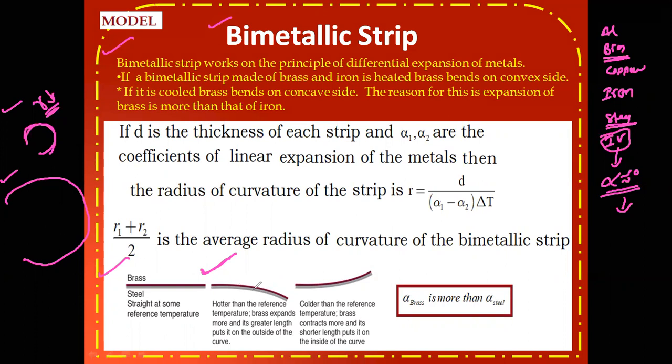And if you see here, it is the brass and steel. Brass is on the convex side, meaning it has lesser bending. So the bending nature is lesser for the brass, and more for the steel. Okay, this bending nature is important.